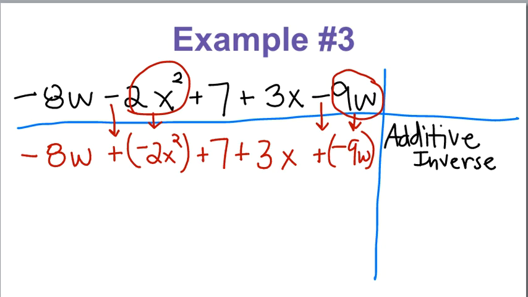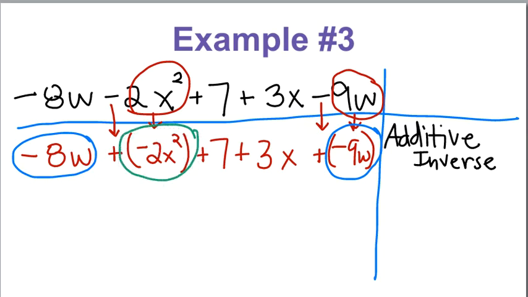So the next thing we'll do is we want to identify our like terms. So I've got W's here. I like color coding. I have x squareds here. And I've got a constant here.